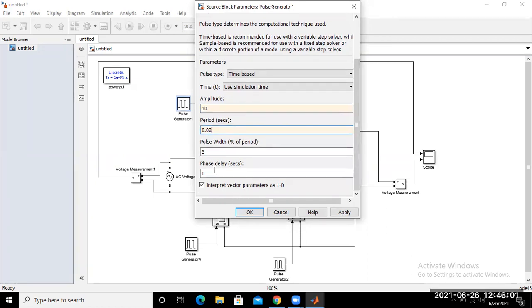What is the pulse delay? How can we write the pulse delay in seconds? Suppose the pulse delay is 30 degree.